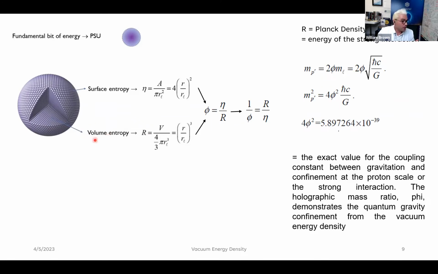So you've got your volume entropy R. That's your Planck density. That's the 0-point energy density of the vacuum. And it's calculated in terms of the quantum harmonic oscillators of the quantum vacuum. In this case, we're conceptualizing them as Planck spherical units.